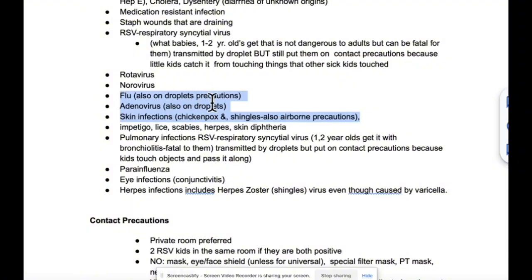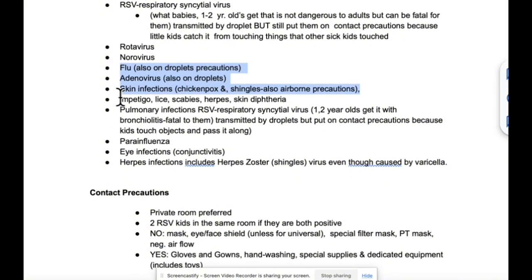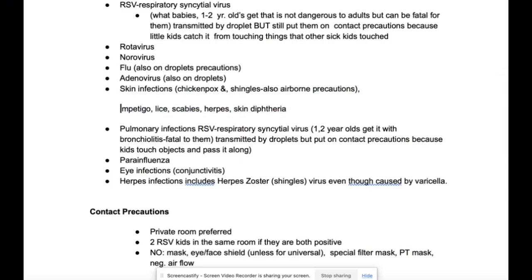But knowing that putting someone on contact precautions and droplet precautions will only vary by just a little bit, I'll focus in on the difference between the two in a second. All right, but impetigo, lice, scabies, herpes, skin diphtheria, all those skin infections would be included in there, okay?